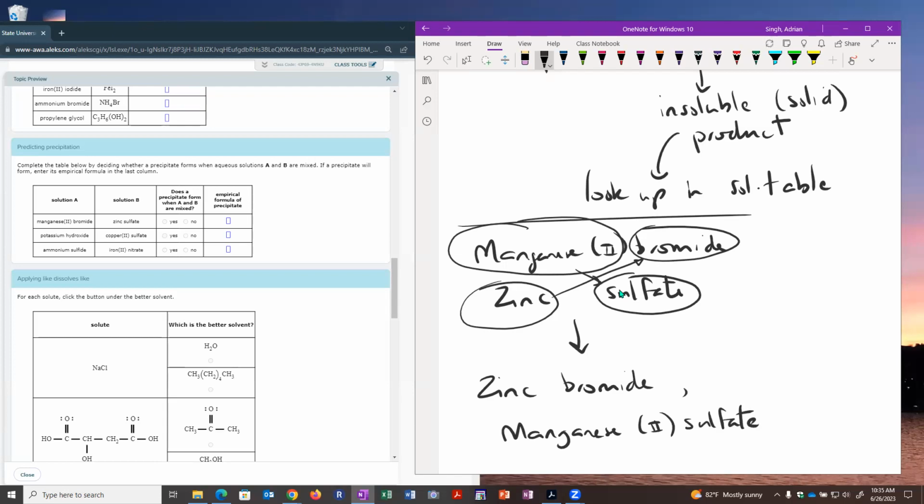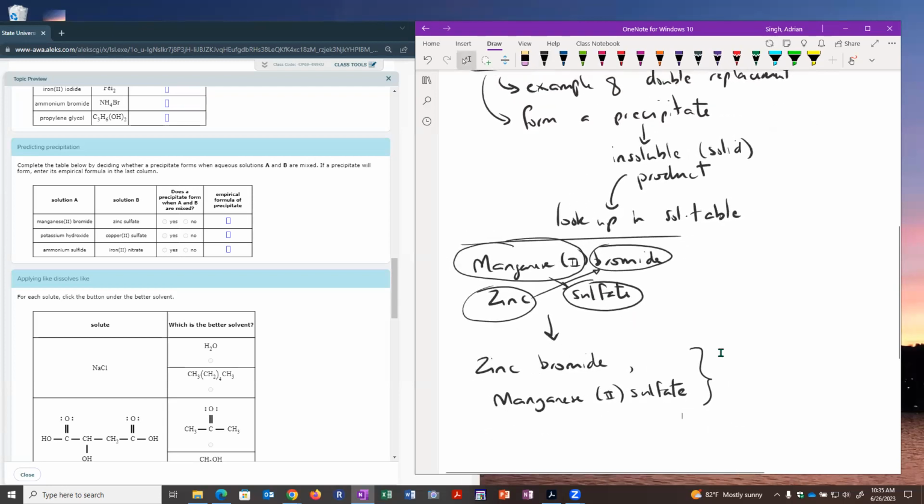All right, so all we're doing is just predicting the products based on the double replacement, and then we're going to look these up in our solubility table to see whether either of these is insoluble.